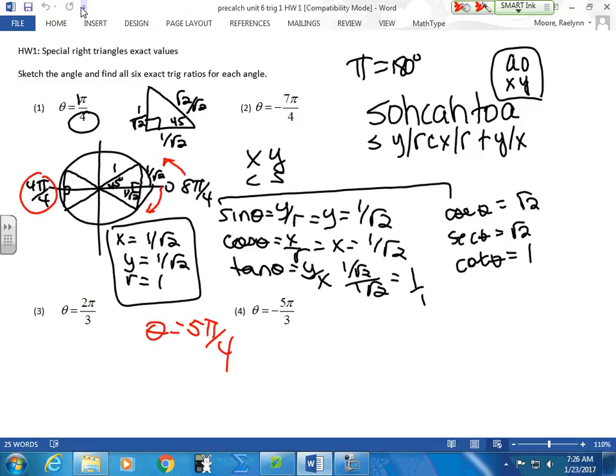Let me convert this, because I don't think you actually believe me. If I convert this, 45 goes in here 45 times, times 5 is 225. So isn't this 180, 225? Doesn't this still give me a 45-degree reference angle? I'm still at pi over 4 as a reference angle.